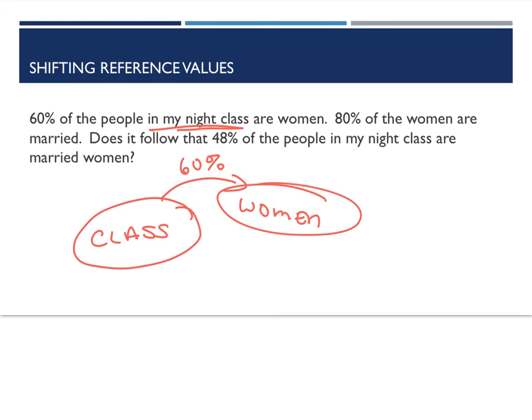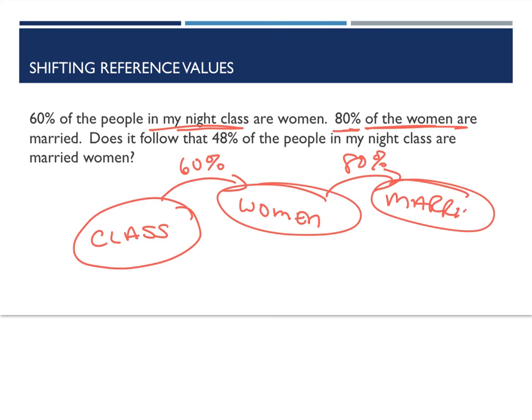Now, what matters is what do I do with that last bubble? 80% of who? The women. So if I draw that, that's 80% coming off the woman bubble to get to the married bubble.